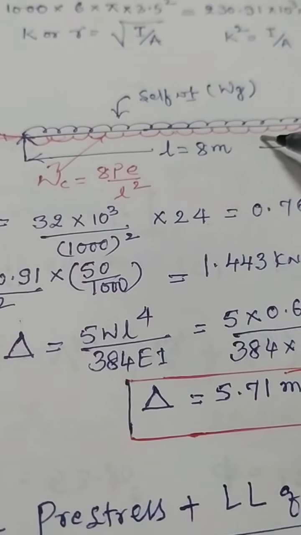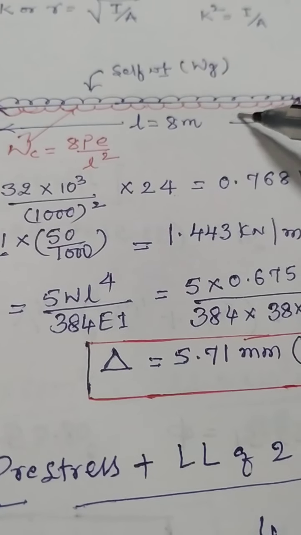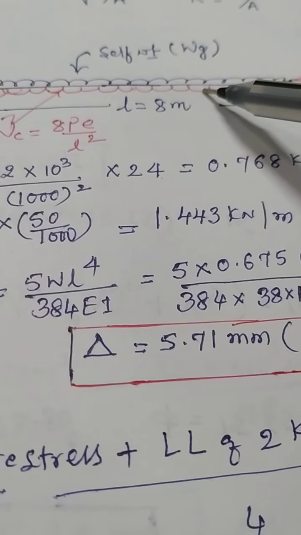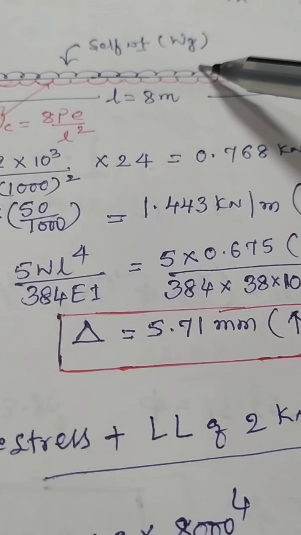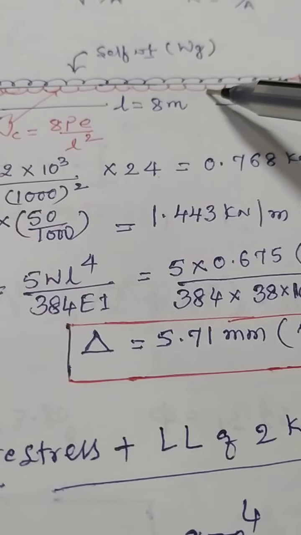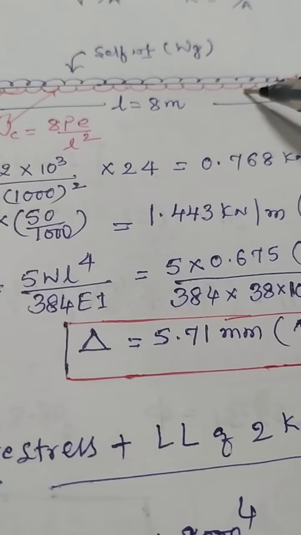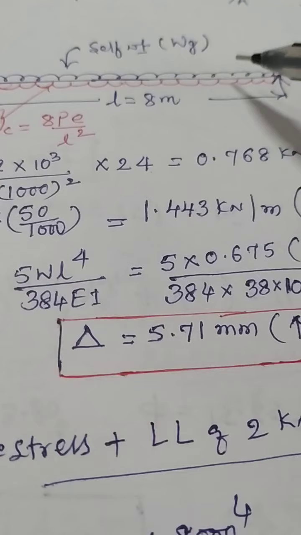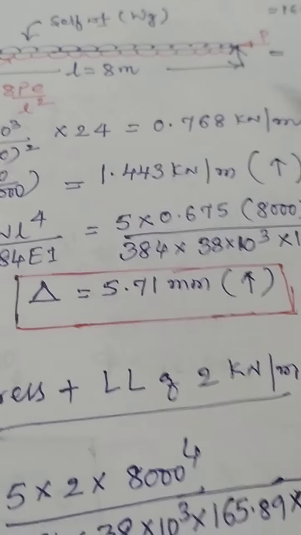Otherwise, you can calculate separately also, self-weight and pre-stressing force separately. Pre-stressing force means WC, and this is WG, dead weight. You can calculate dead weight deflection separately and WC separately and then combine. Otherwise, you can combine these two, because long-term deflection is not there. That's why I'm going to combine.